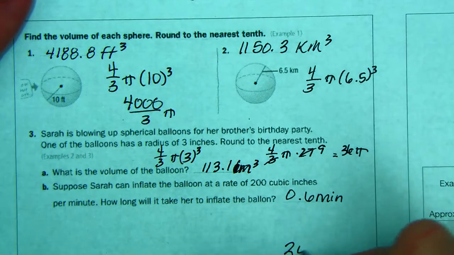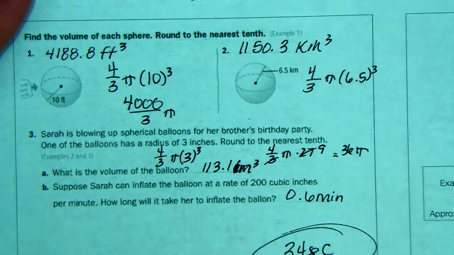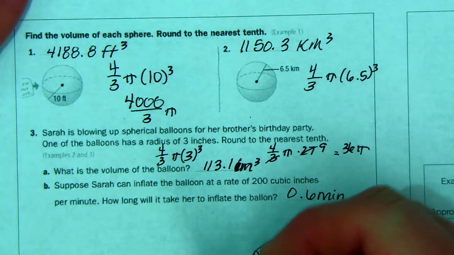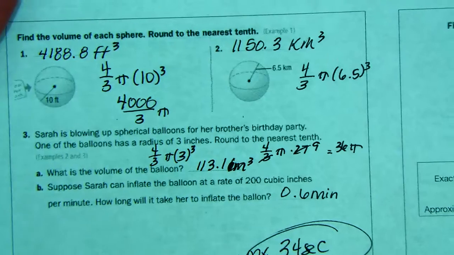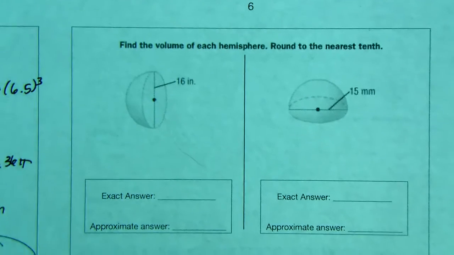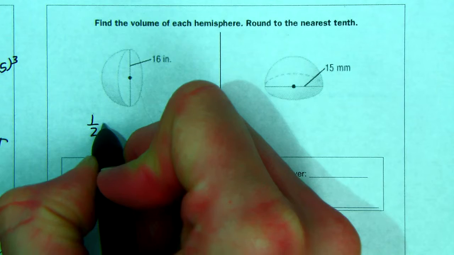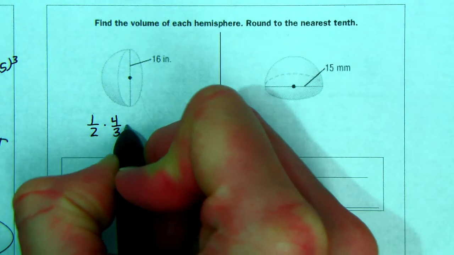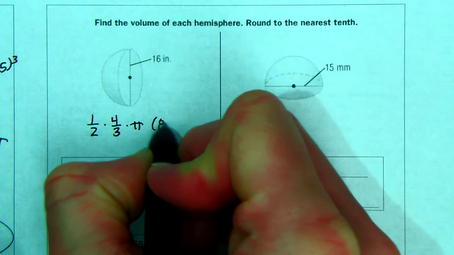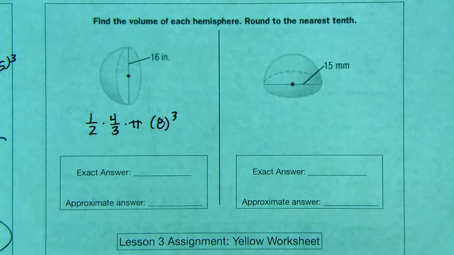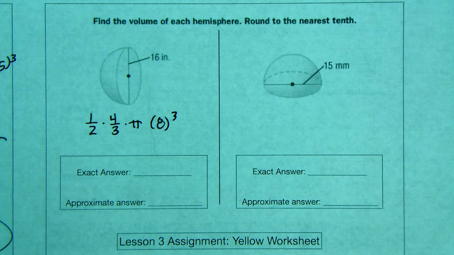All right, hemispheres, 1/2 of 1. Exact answer, so 1/2 times 4/3 times pi times 8 cubed. So if I multiply that, 8 cubed gives me 512 times 4. So I get 2,048 over 6 pi.